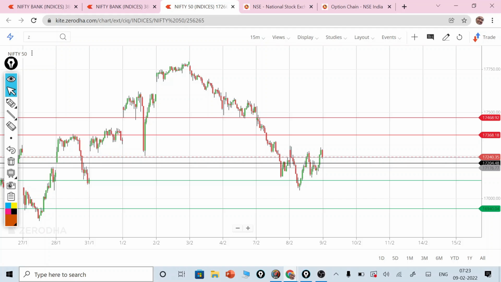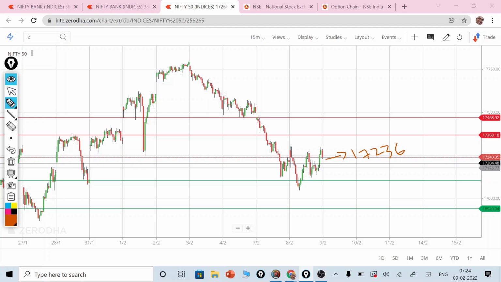Now let me give you the levels of Nifty. Nifty closed on the top central pivot, at around 17,236. Today SGX Nifty is indicating that we'll have an uptick, around 17,300.